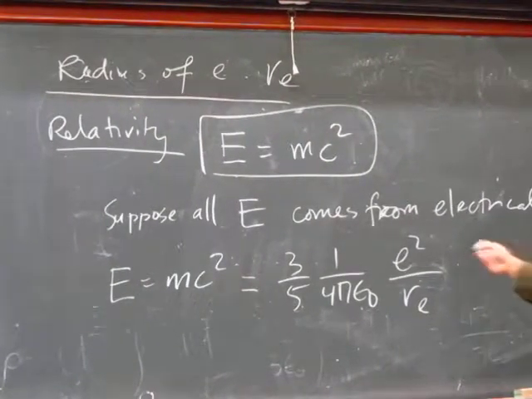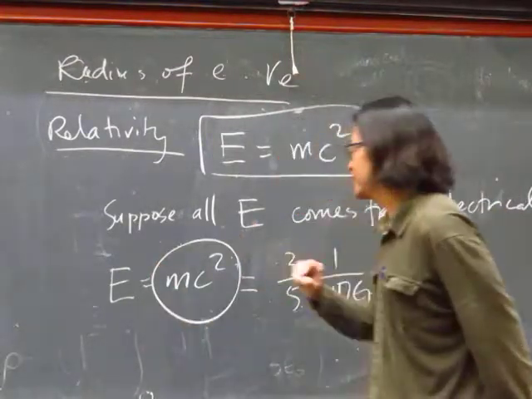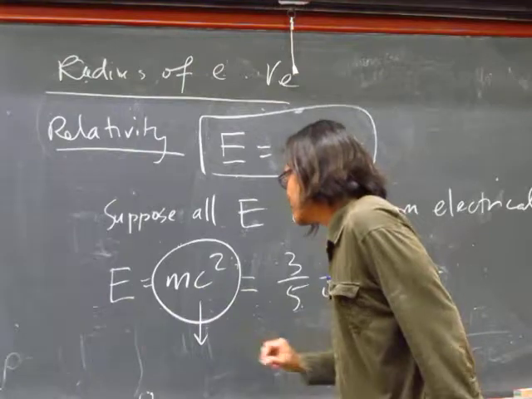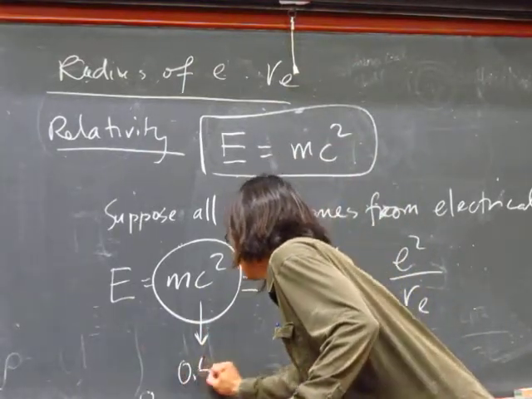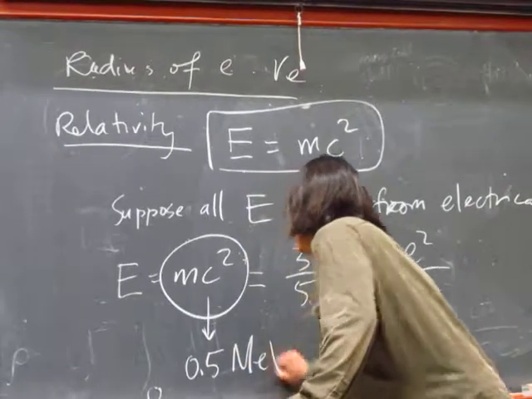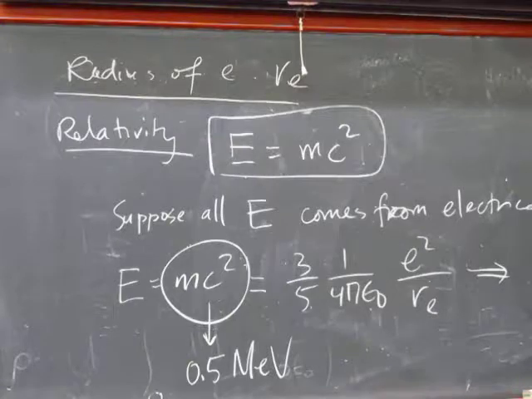Okay. And if you plug in the numbers, I never remember this number, but in chapter 2 we'll talk about potential. This is actually 1/2 MeV. Right? And then you'll find that RE is about, anybody have a guess?